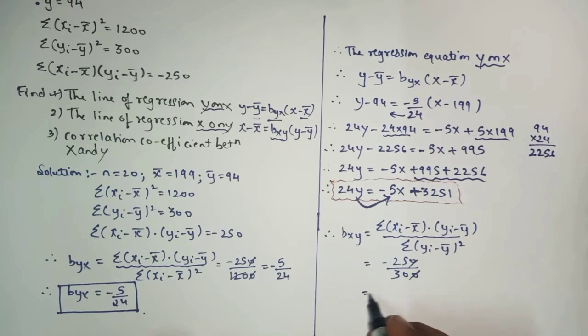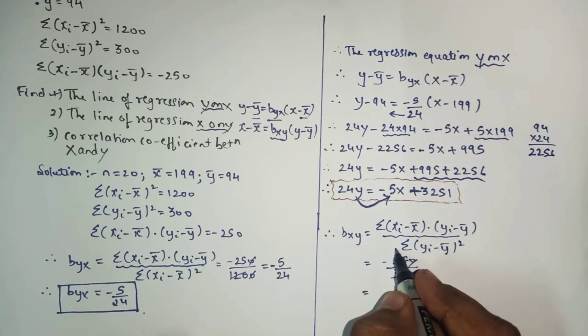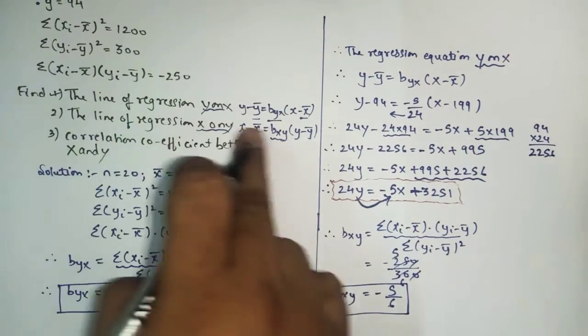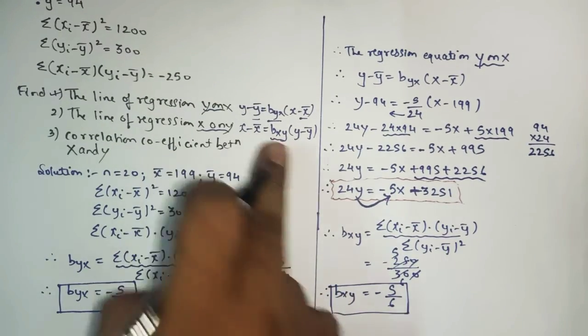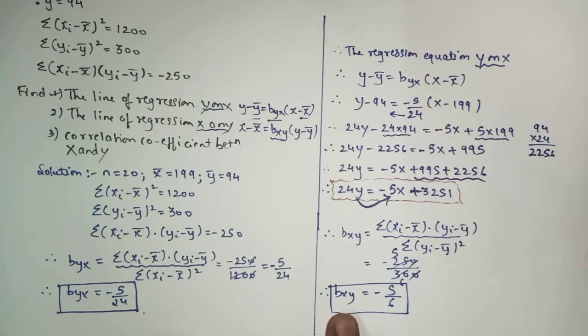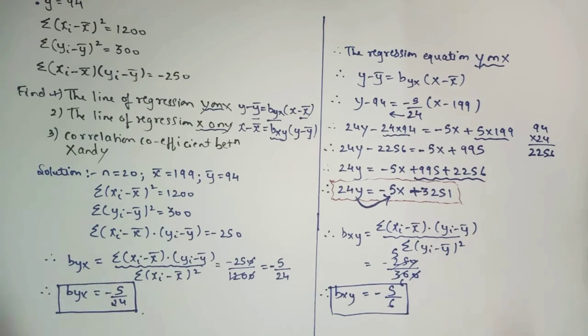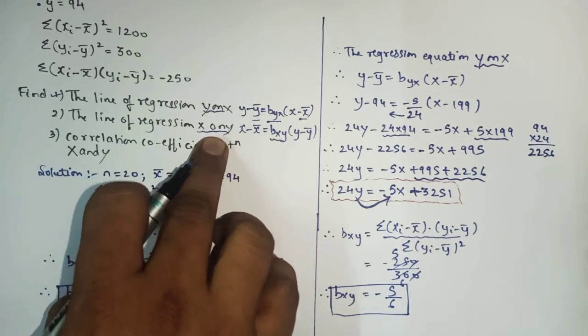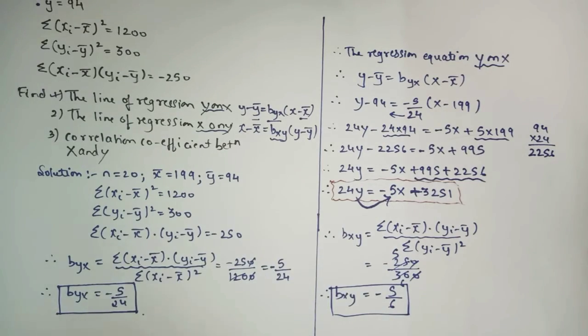Zeros cancel, 5 5s are 5, 5 6s are 6, so the answer is minus 5 by 6. As I told, the marks are for this regression equation x on y, not for finding bxy. If the marks were for bxy, we would divide this answer. Understood? As the marks for this sum are for finding the regression equation x on y, we'll keep this answer in fraction only.